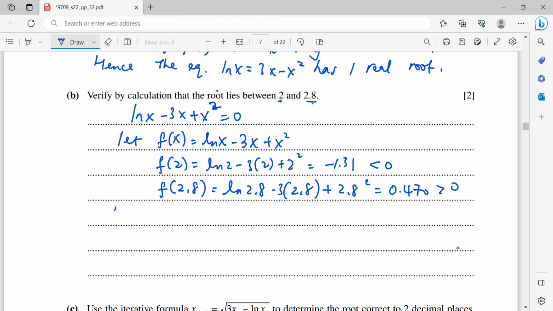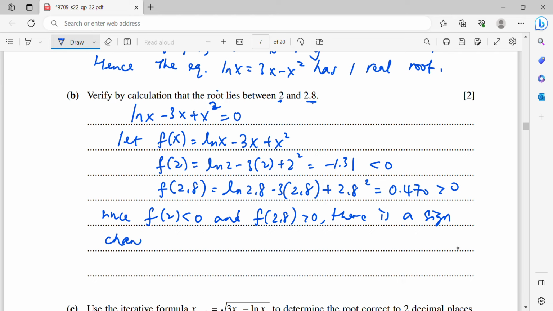So you can just write: since f(2) is less than 0 and f(2.8) is greater than 0, there is a sign change. Hence, the root lies between 2 and 2.8.